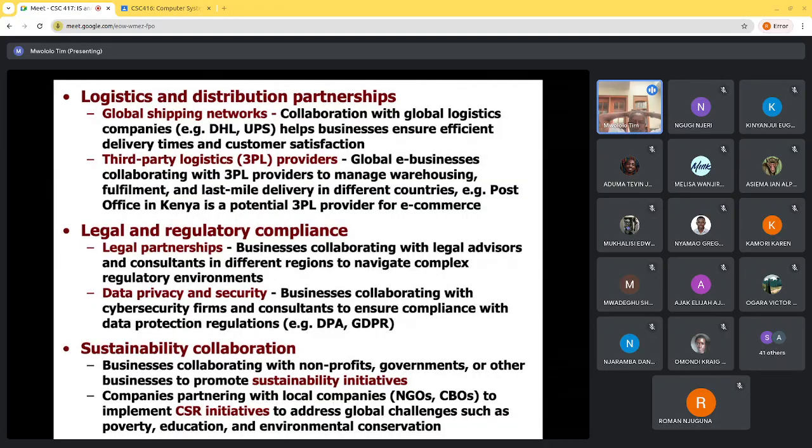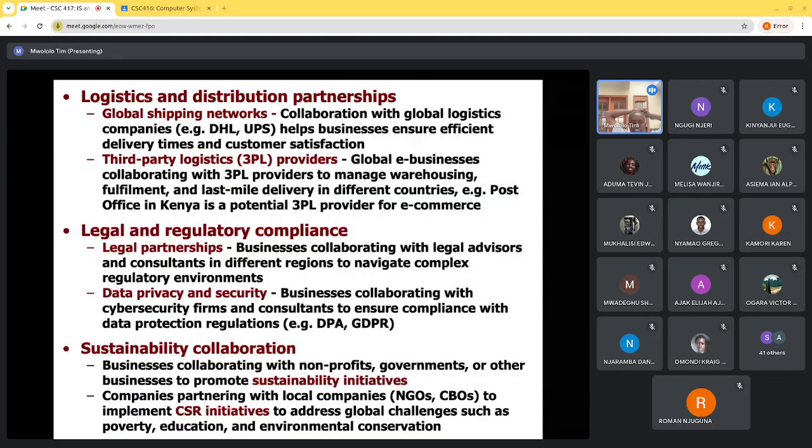So if, for example, you are a company that wants to promote environmental conservation in a particular locality where you work, like, for example, Magadi Soda, that manufactures salt from Magadi, very close to Nairobi here. And they want to make sure that whatever they do, they are conserving the environment.